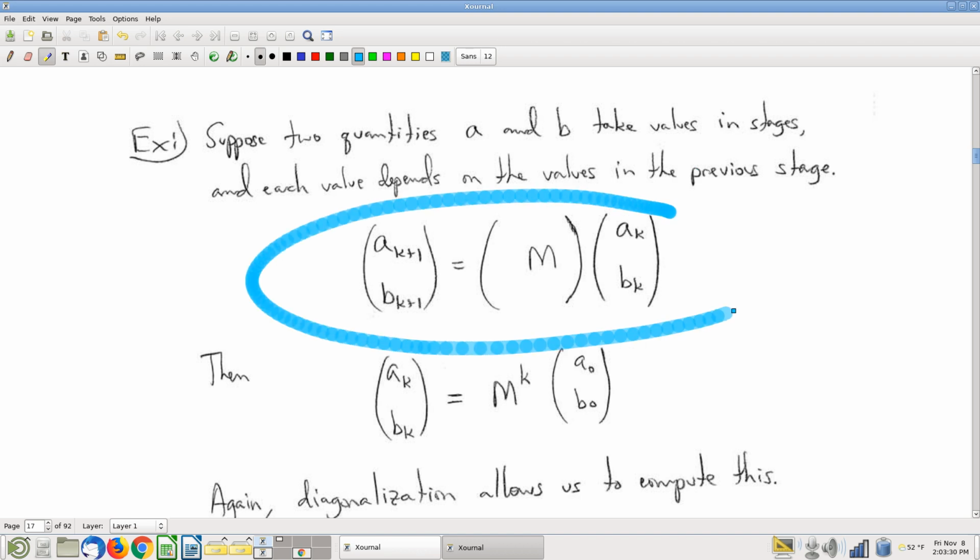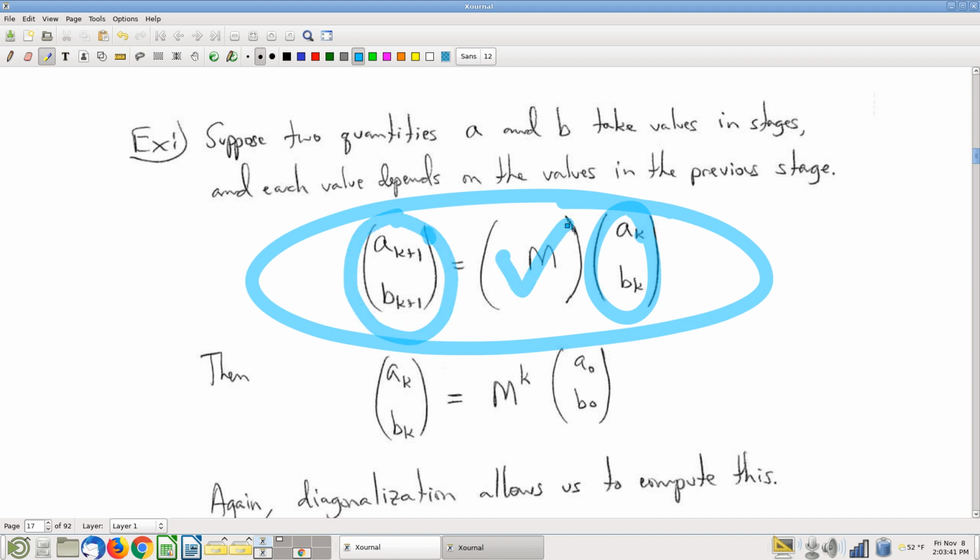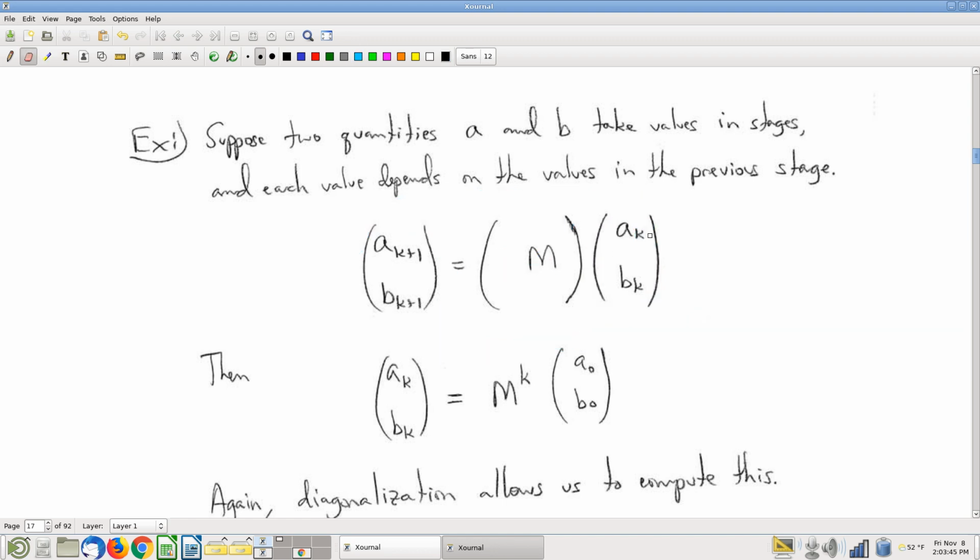Sometimes the relationship between a given state of the system and the next state of the system might be as simple as a matrix. Now, it might, of course, not be, but it also could be that the actual values that you're keeping track of, let's say xk and yk, I'm sorry, let me write this a little bit differently.